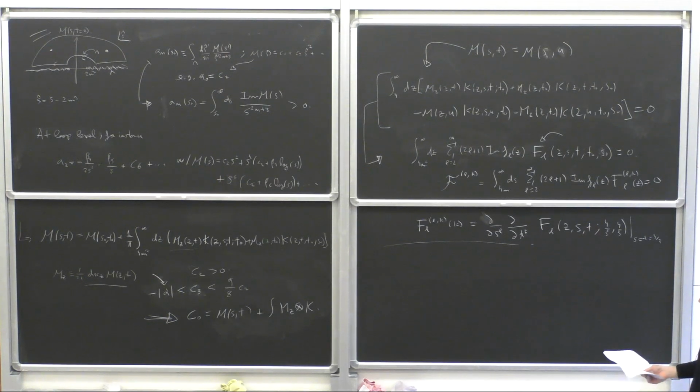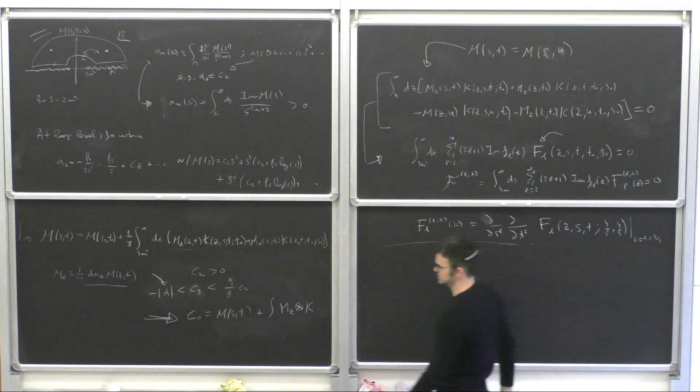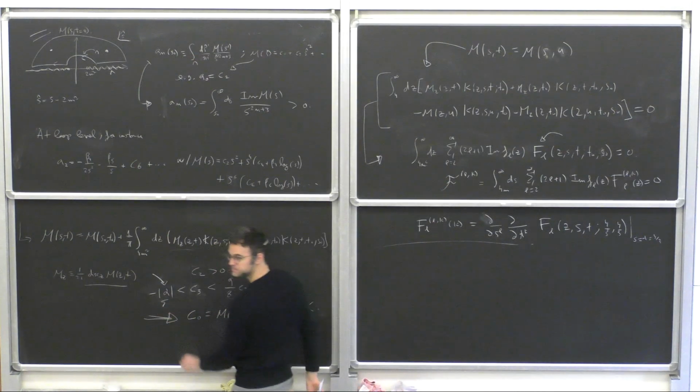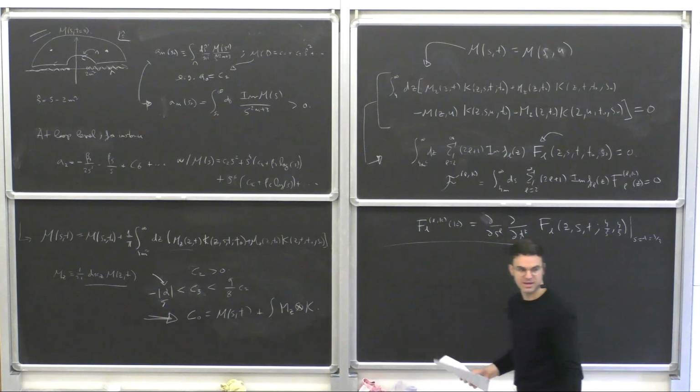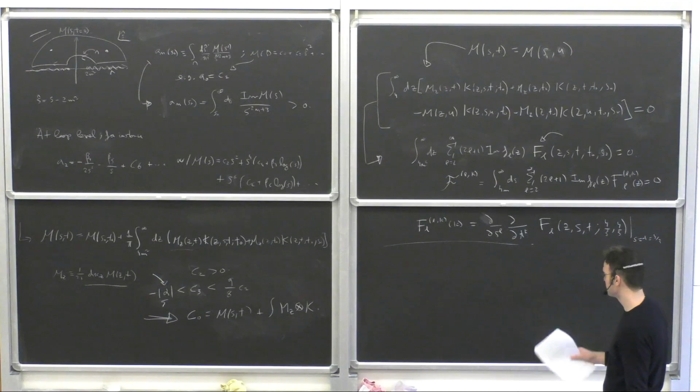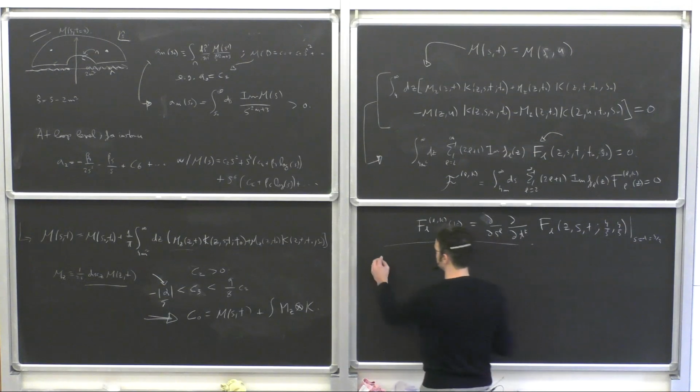Now let me provide an example, which is going to be precisely this bound over here, which now we can formalize. So, an example of how to use these constraints.